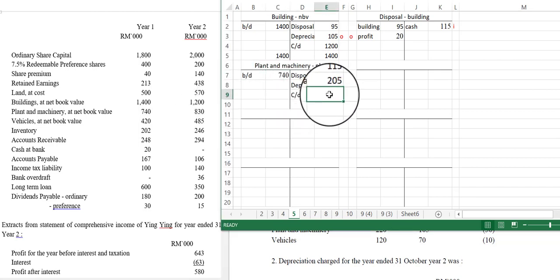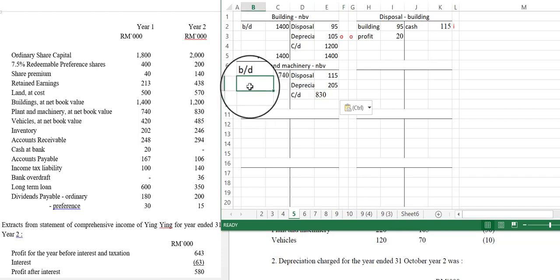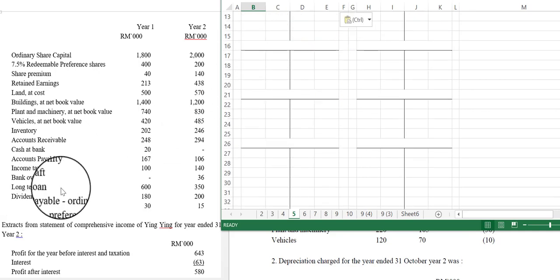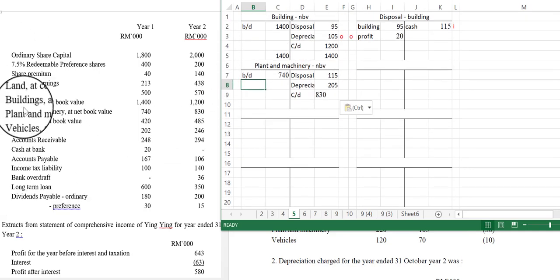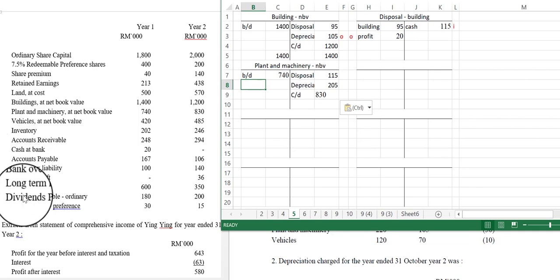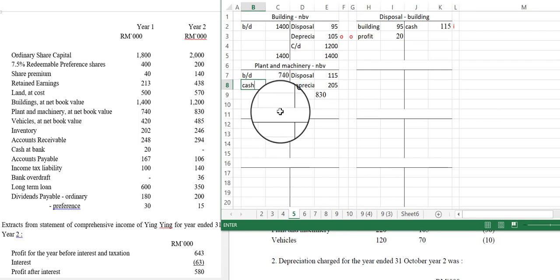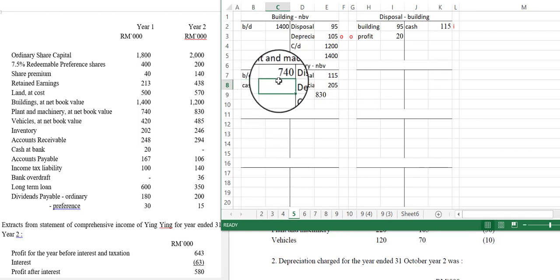So the difference is basically your purchase. But bear in mind, if there are any revaluations, then you might have to put in the revaluations. But in this case, they have no revaluation reserve here, so we'll just treat it as a cash purchase. So the difference for plant and machinery is actually 410.